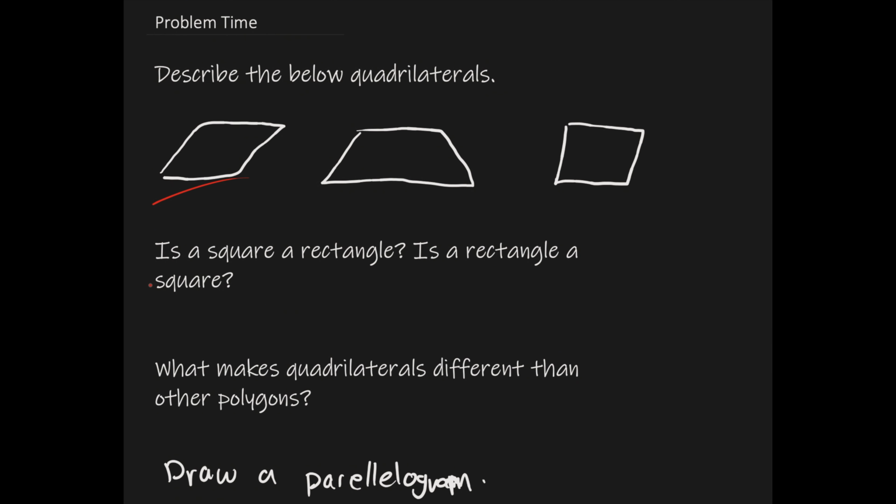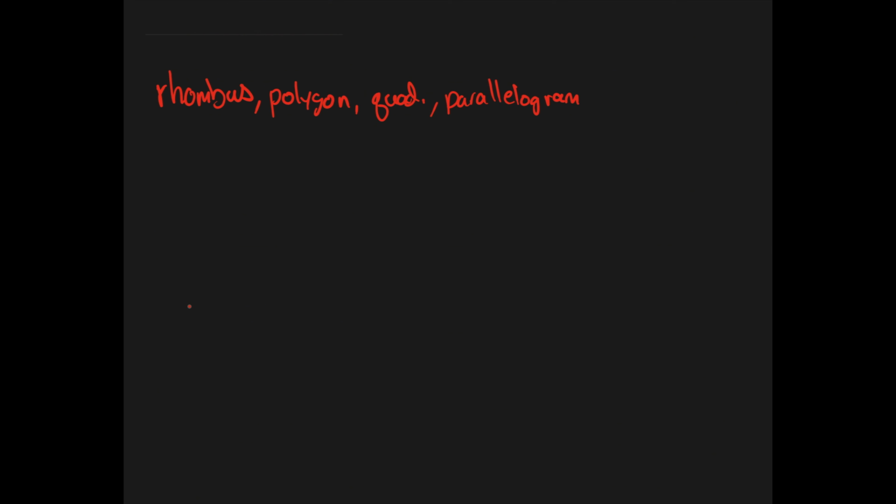This one is a rhombus, then it's a polygon, it's a quadrilateral, then it's a parallelogram. So this first shape is a rhombus, a polygon, quadrilateral, and a parallelogram.